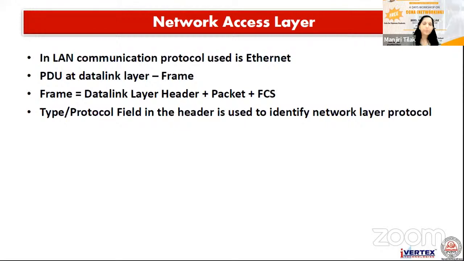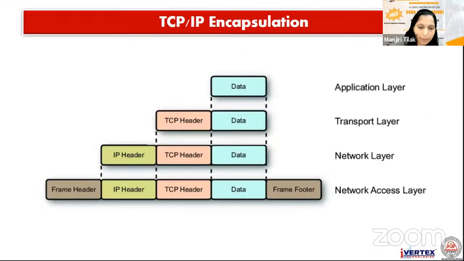But again, the layer 2 header, or network access layer header, also has one field to identify the network layer protocol, because each and every layer must understand which protocol is used at the upper layer for communication purposes. So you will have a type or protocol field in your Ethernet header to identify which kind of communication is there on the network layer, whether we are using the TCP/IP protocol suite or SPX/IPX, because Ethernet is supported by TCP/IP and by SPX/IPX as well.